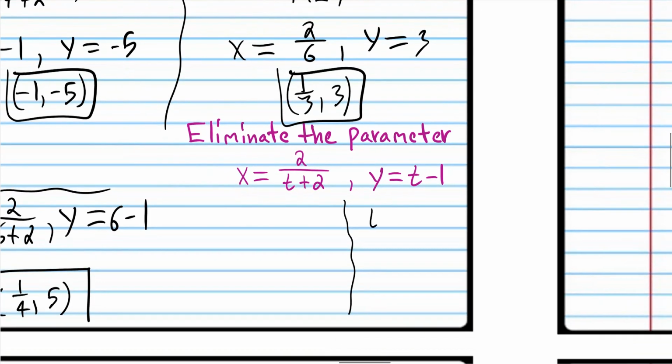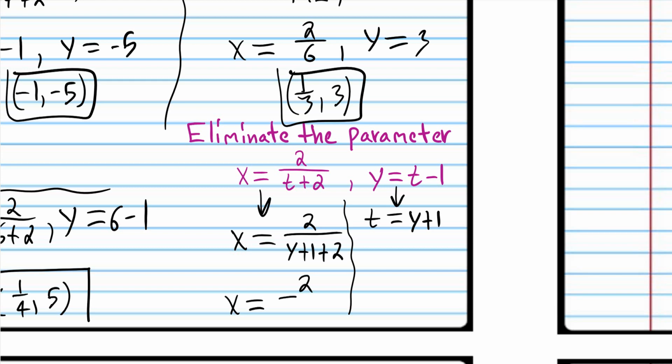So let's solve for t in this equation, and let's plug in t into this other equation. So we have 2 over y plus 1 plus 2.